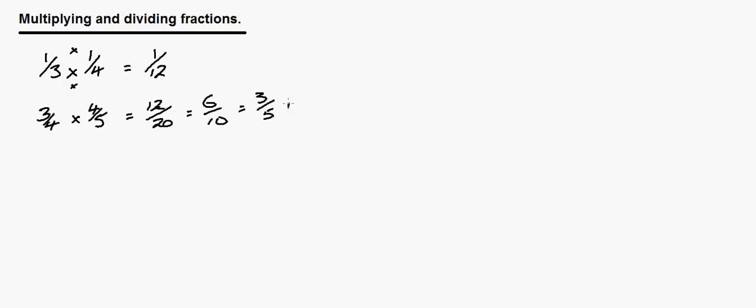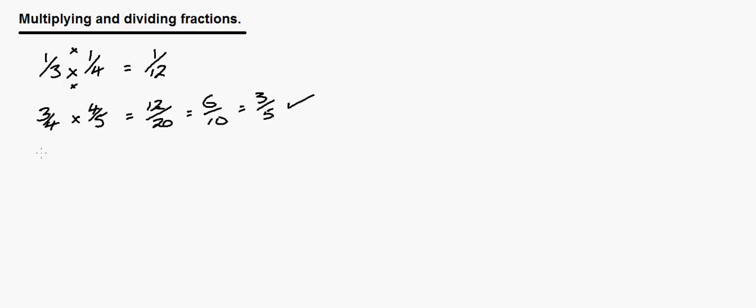So that is the final answer. Okay, so this is right, righter. I don't know what comes after righter, but it's 3/5. That's the answer. So remember, we always try and take fractions down to the lowest point. And whatever we divide the top by, we divide the bottom by as well.